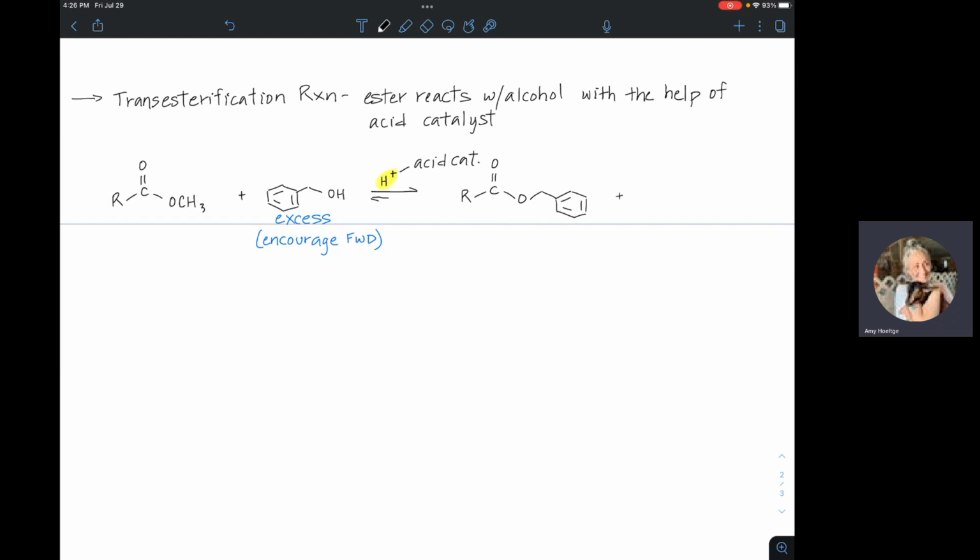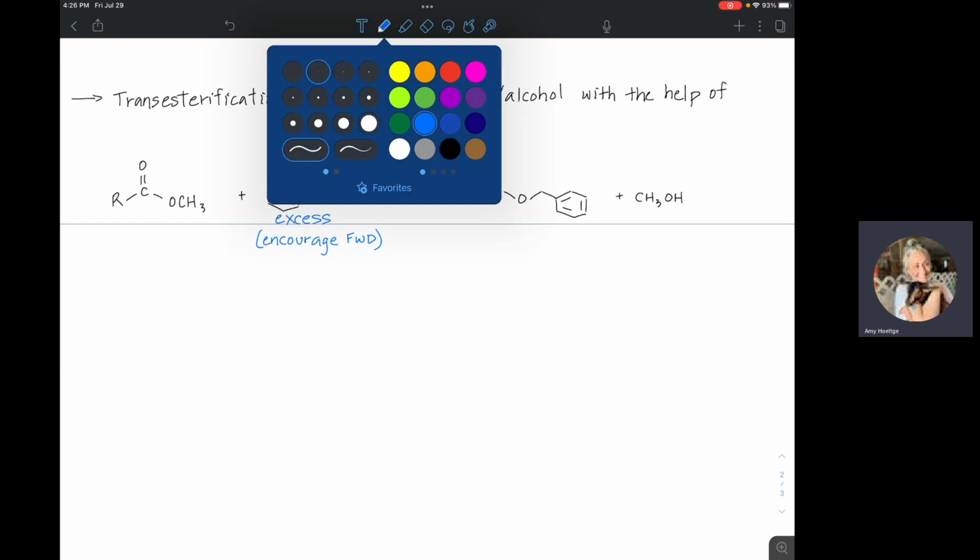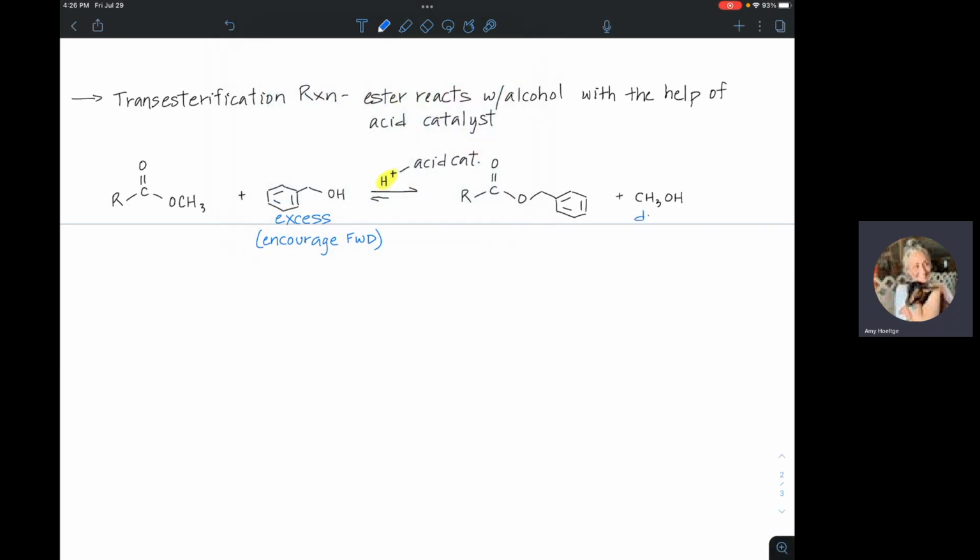And the alcohol that actually comes off, if possible, can be distilled to remove, if possible. You know, if all these things boil within like 1 or 2 degrees of each other, that's going to be kind of a drag.